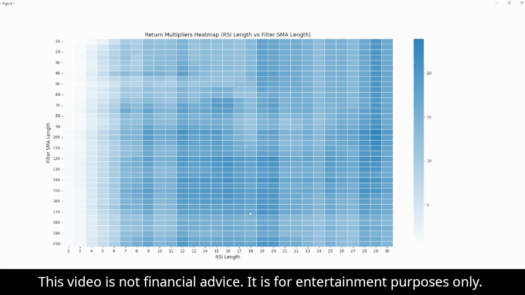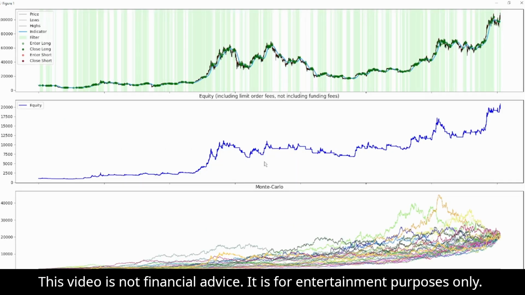For example, in the backtest that I showed you in the 4 hourly a few minutes ago, I chose a length for the RSI of 16 and a simple moving average length of 120. So this cell here. Let's look at it again. Here's the performance for these parameters that I chose for the 4 hourly time frame.